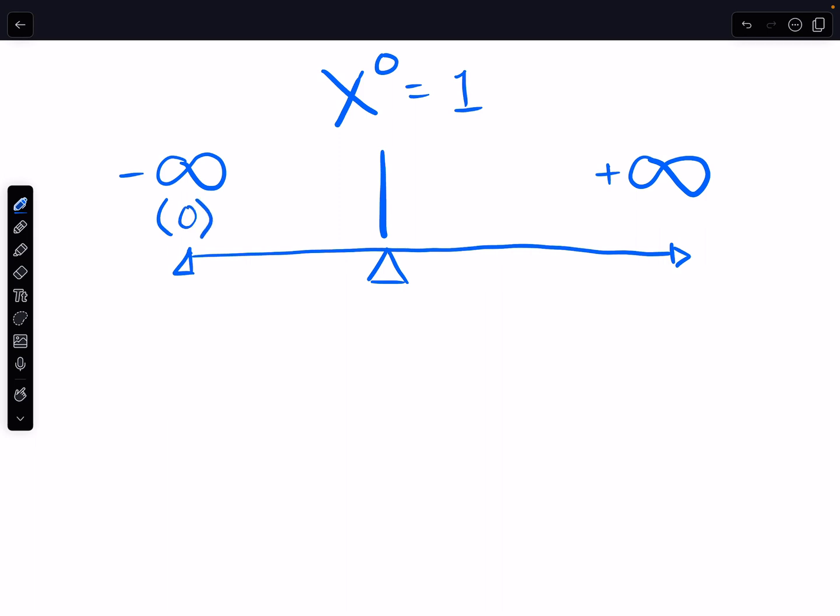Let's draw it on the bottom here: x going to the right is getting bigger, and x going in this direction is getting smaller, but it's 1 over x. So this becomes x squared, then 1 over x squared, then x cubed, then 1 over x cubed. This is the progression that keeps happening.